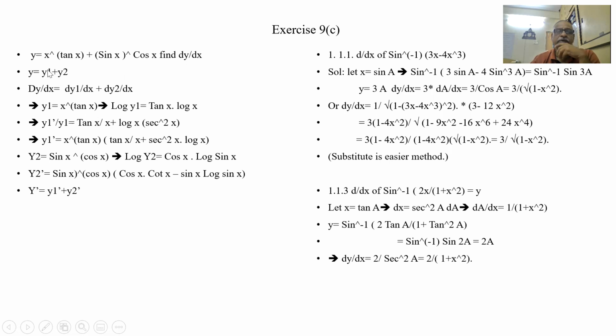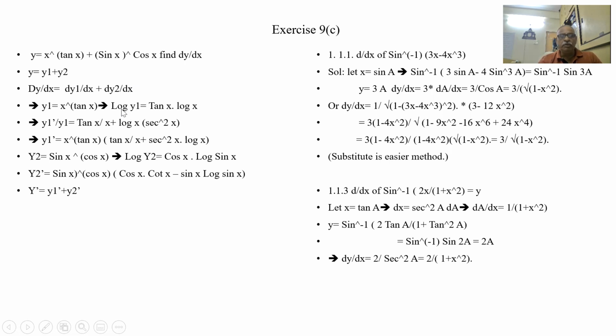So now I want to find dy1 by dx plus dy2 by dx. So y1 is x to the power of tan x. Let us take logarithm on both sides. Log y1 is equal to tan x log x.